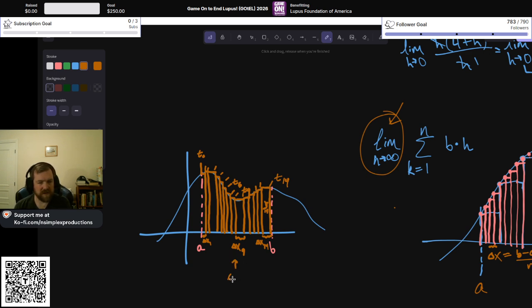Alright, so in this case, delta x sub 9 is the maximum of delta x sub k for all k in one to 14.